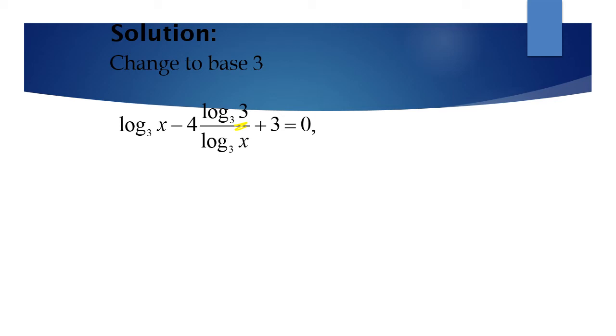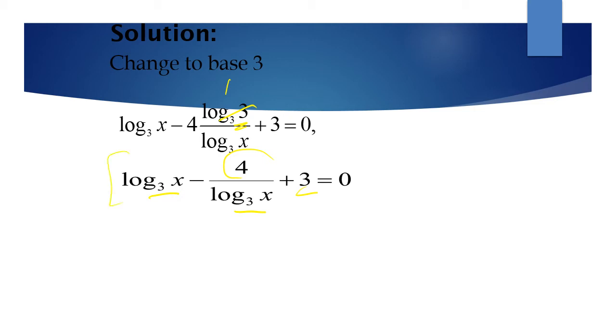So what is log base 3 of 3? This is a property of log, which is equal to 1. So what we have is log base 3 of x minus 4 over log base 3 of x plus 3. To get a nice equation, we can multiply everything by log base 3 of x.